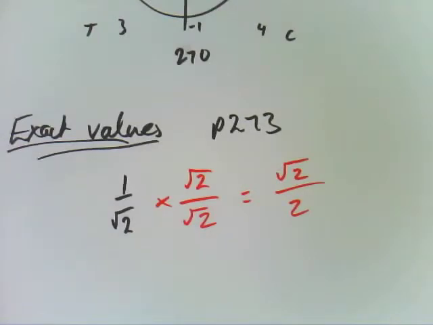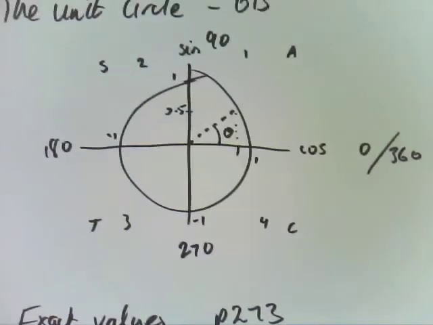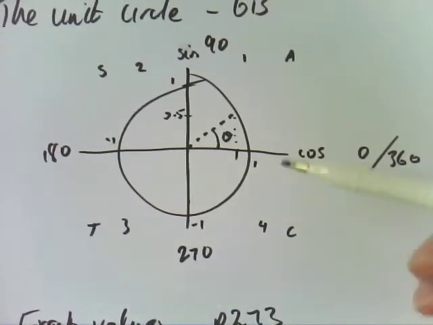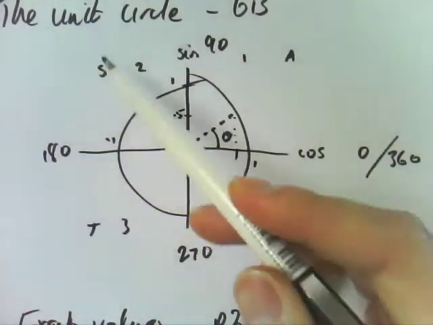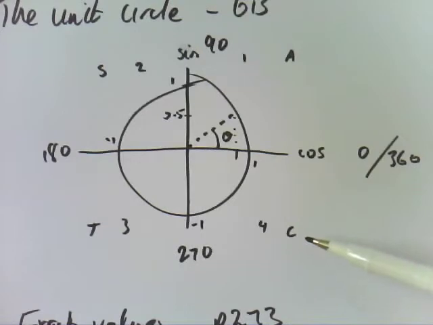Alright, into the exercise, question 1 asks you just to state whether something is positive or negative. So looking at a unit circle, knowing that all are positive here, sine, tan and cos are positive there, is sine 40 positive or negative? Where's 40 degrees?